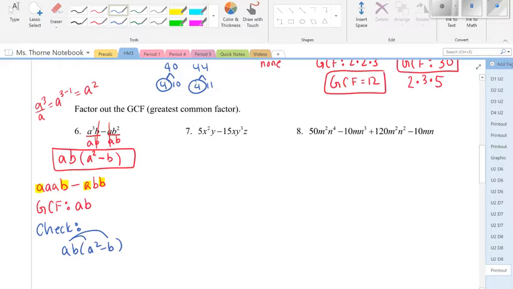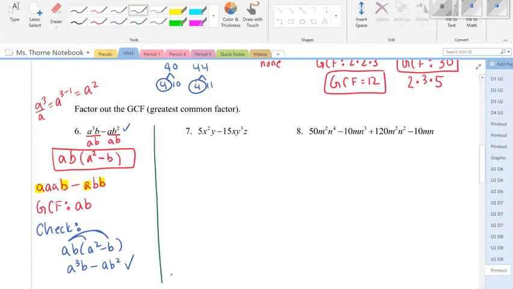You remember when you multiply, if you have something being multiplied with the same base, you add the exponents, so that would give you a cubed b. And then now if we multiply this by the second term, negative b, that gives us minus a, and b times b would be b squared. So notice that gives us what we had originally started off with. So it's just an easy way to check our work.